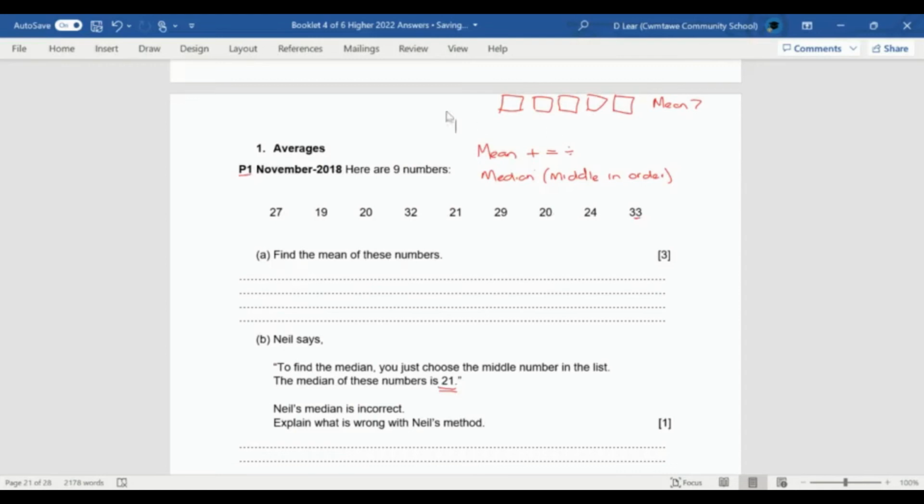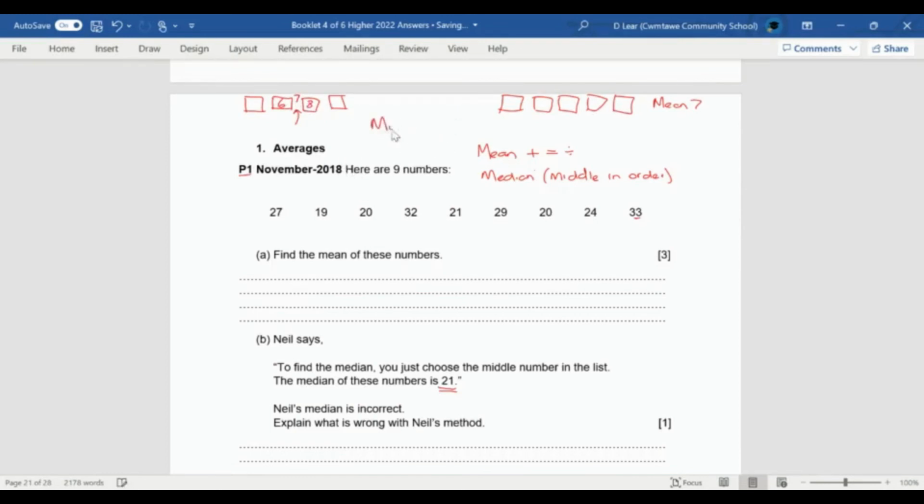If there are 2 numbers in the middle, for example when there are 4 numbers, the middle is between 2 numbers. So the median would be the average of the 2 numbers either side. So if 6 was to the left and 8 to the right, then actually the median isn't even in the list, because the median is 7, because that's what lies between 6 and 8, okay?